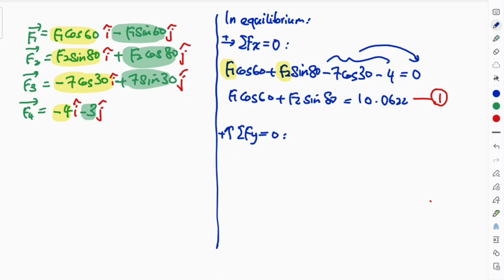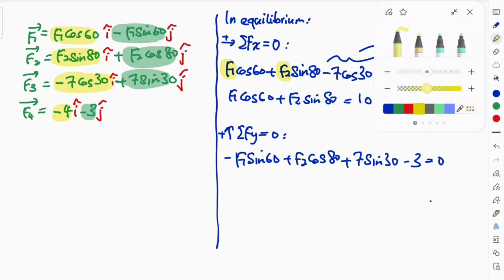Put in one equation: negative F1 sin 60, plus F2 cos 80, plus 7 sin 30, and the last component is negative 3. The summation of all these components should be equivalent to 0.